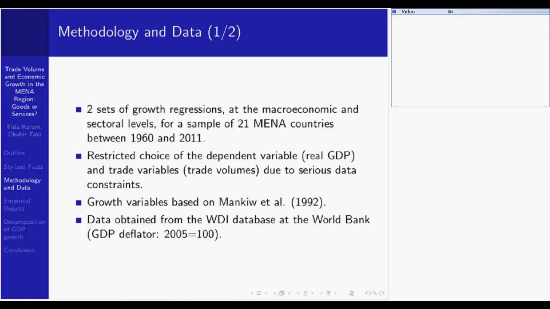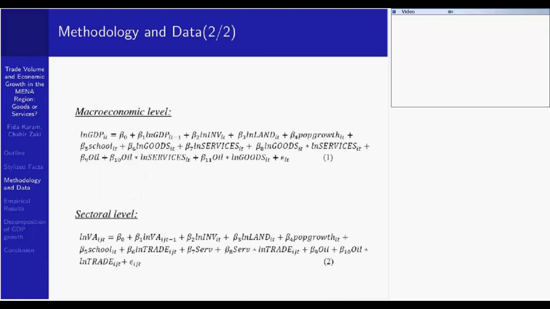Our dependent variable is the real GDP, and our variables of interest are both real trade in goods and real trade in services, and then we introduce a bunch of control variables that have been introduced in this literature, such as investment measuring physical capital, school enrollment measuring human capital, the population growth, and land, to have a comprehensive factors of production framework.